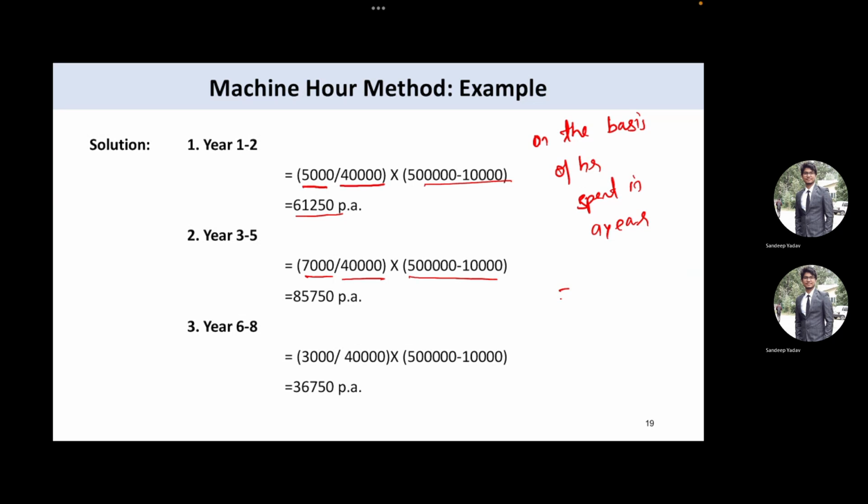So from that, we have to calculate the number of hours spent upon total life in hours, multiplied by the depreciable value.